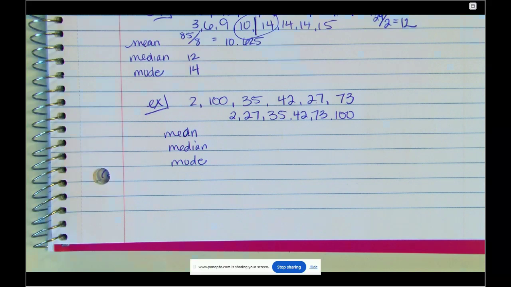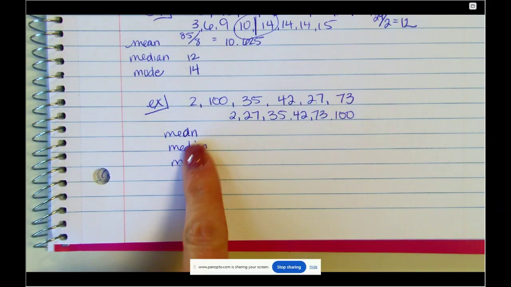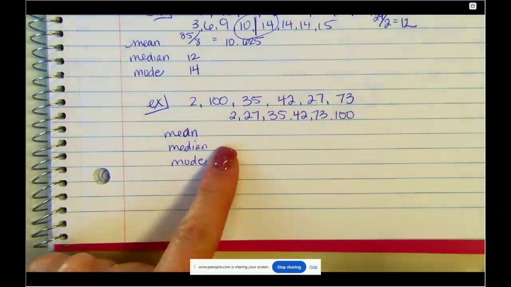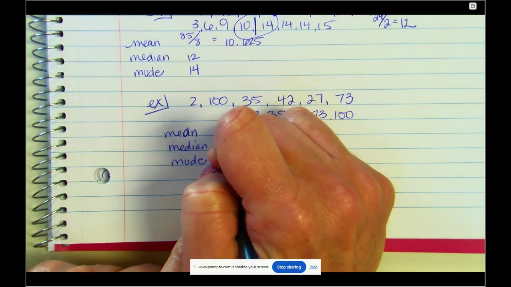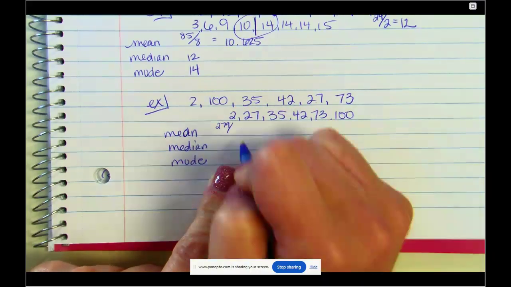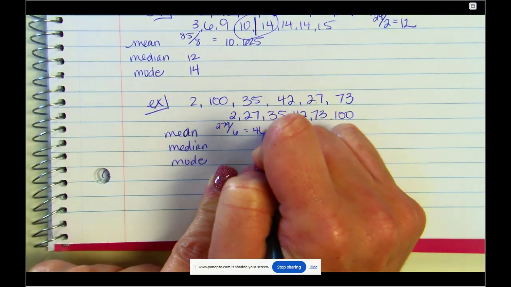So let me actually I want to talk about 2 things about this. One of them came up, it's a really good discussion point. What's the mean? Okay, mean is 46.5. What does this all add up to? 279. And we divide by, and you said 46.5.